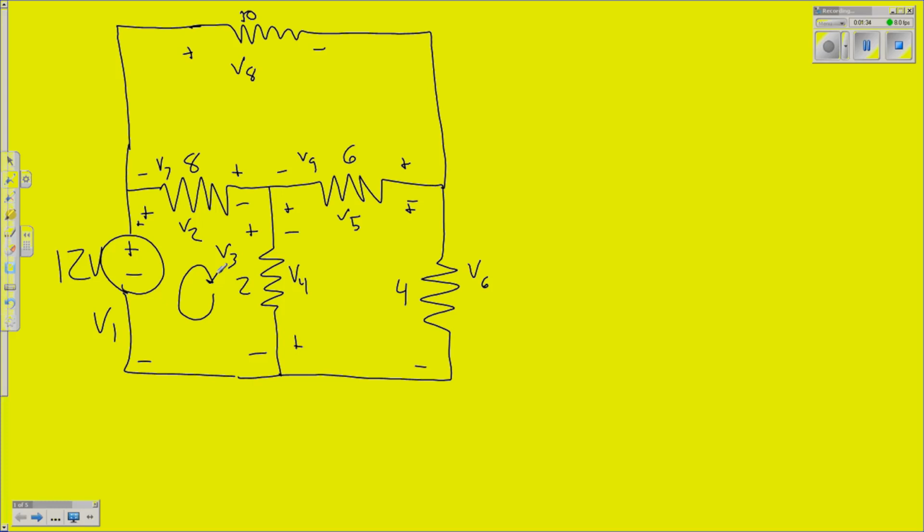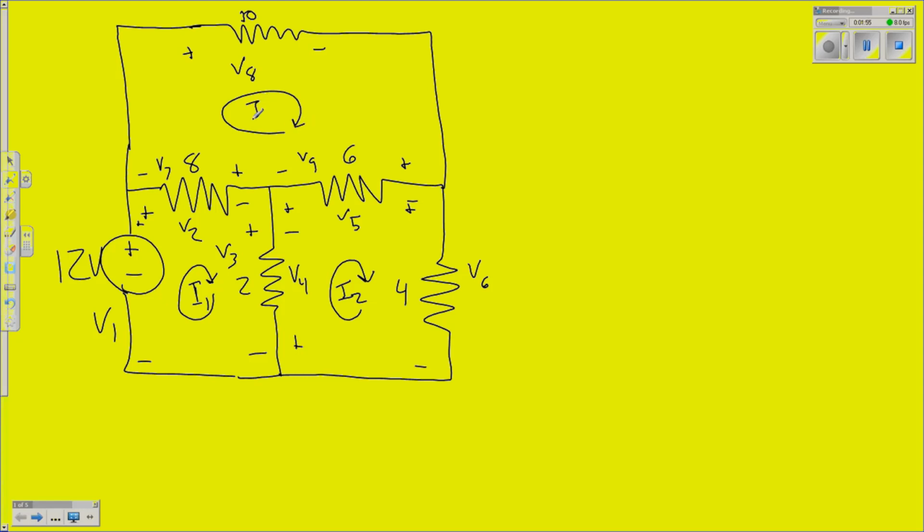That'd be a window. We'll call that I1. So for window 1, we have our first mesh current. Next, I'll do the second window here. We'll do I2. And then, of course, the third window will be up here.